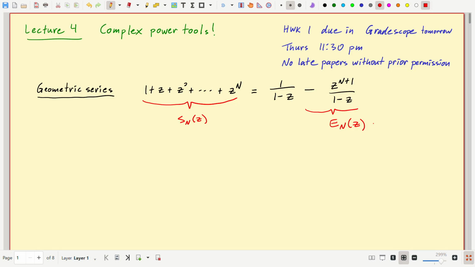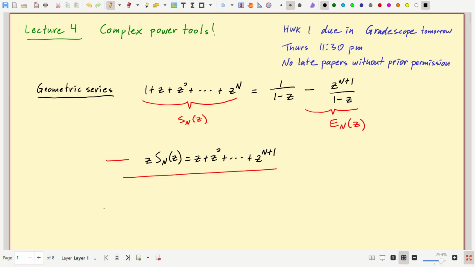Remember, the key to getting this formula from junior high was to multiply that partial sum by z. That would be z plus z squared plus etc., out to z to the n plus 1. And you compare it to the line above and realize, aha, if I subtract that from the line above, then a lot of the stuff in the middle cancels.